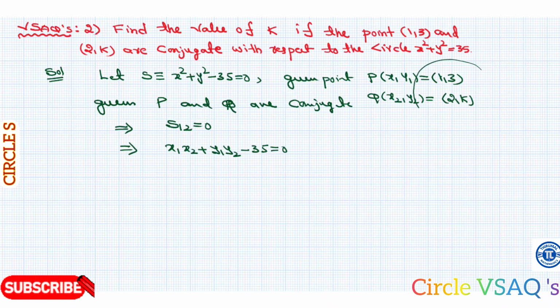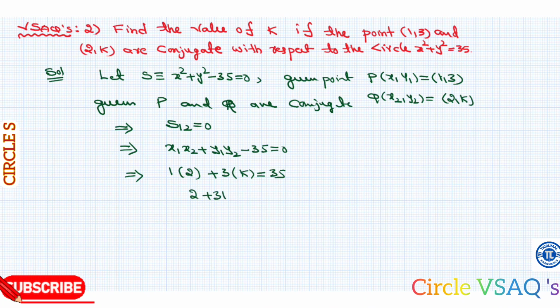Now substitute the x1, y1 and x2, y2 values in the above: x1 is 1 into x2 is 2 plus y1 is 3 into y2 is k equal to 35. So 2 plus 3k is equal to 35, 3k equal to 33, 35 minus 2 is 33, then we get k equal to 11.